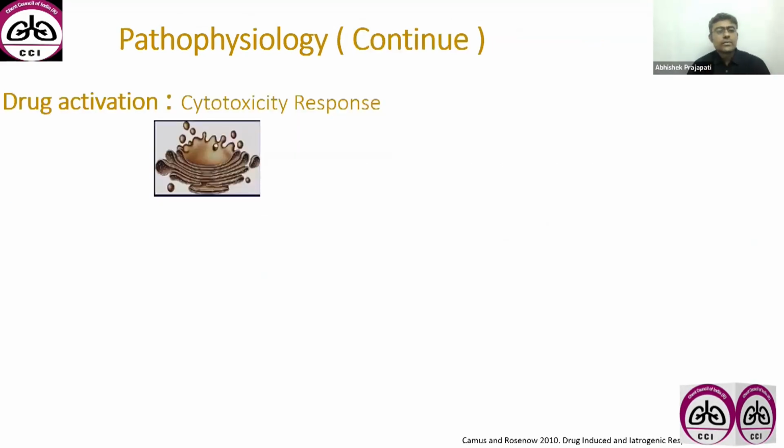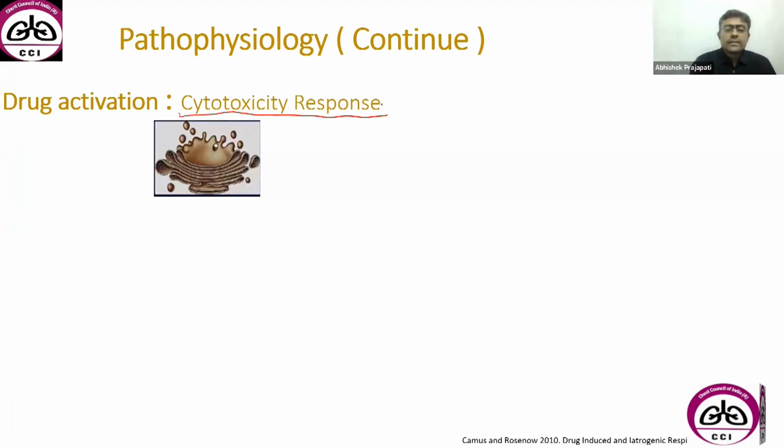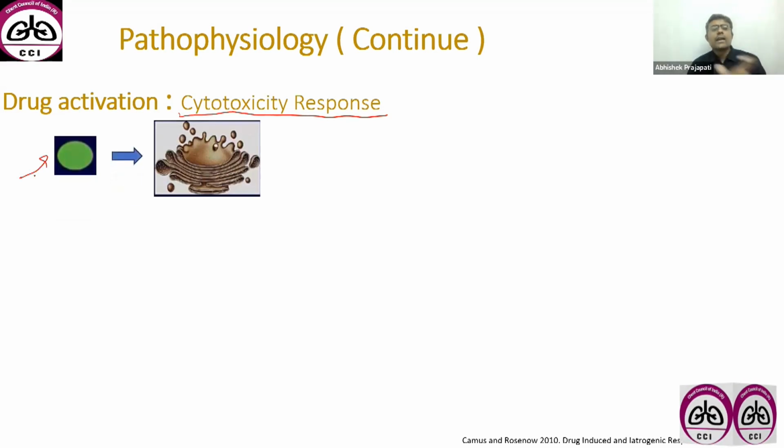If you look at the pathophysiology, the most common mechanism is drug activation or a cytotoxic response. The molecule shown here is the endoplasmic reticulum, and this green part is a drug. The drug attaches to the endoplasmic reticulum, where CYP 450s are present in maximum amounts in the lungs.